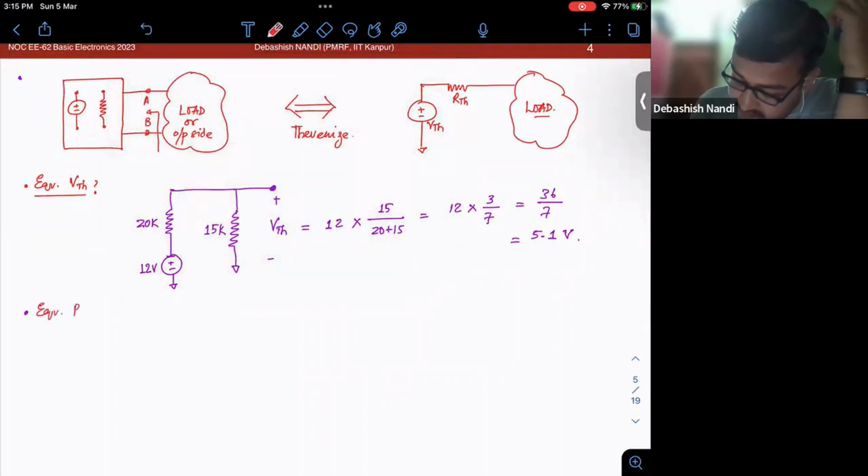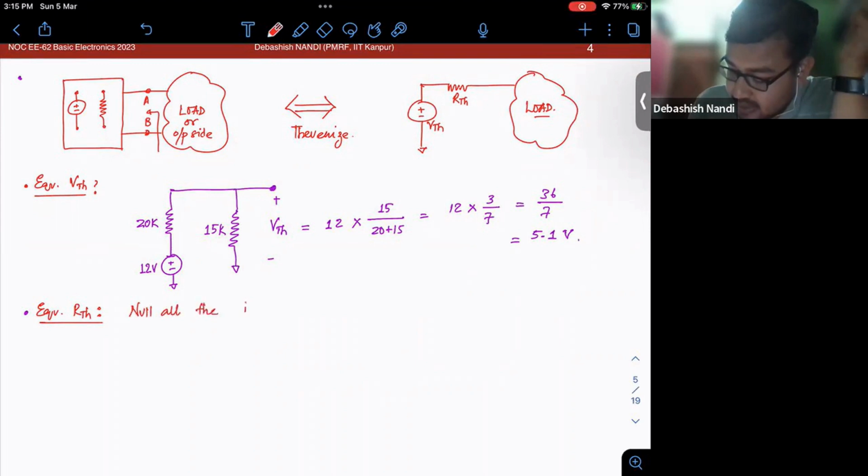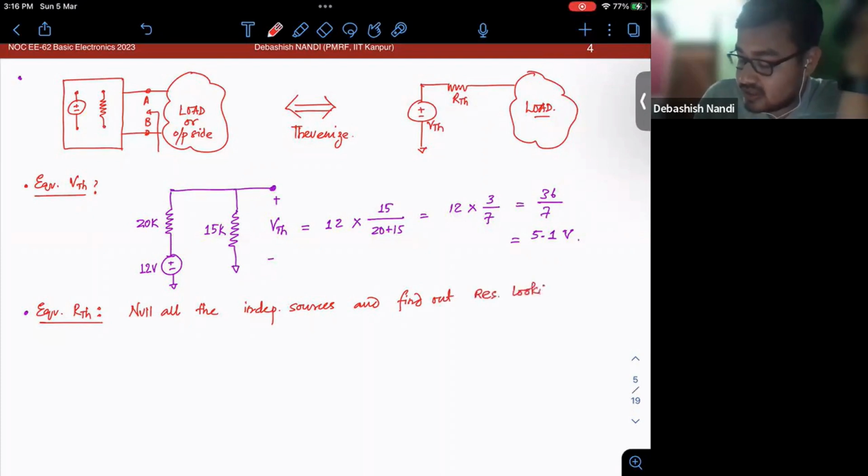Okay. So how will you calculate the equivalent RTH or Thevenin resistance? The method is simple, as you already know, that to calculate this, we need to null all the independent sources and find out the resistance looking into the terminal.